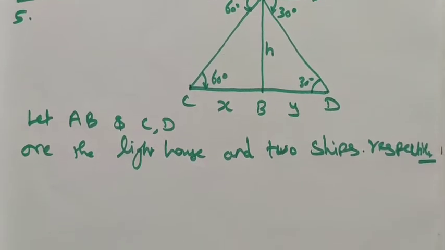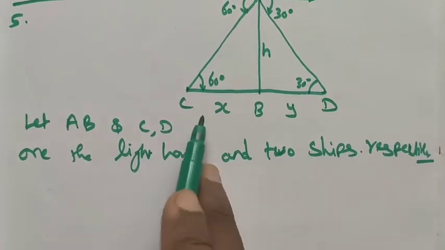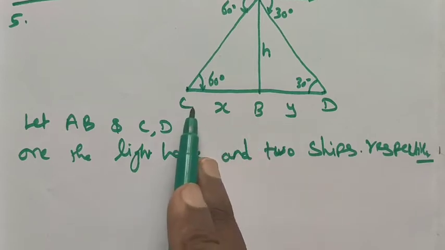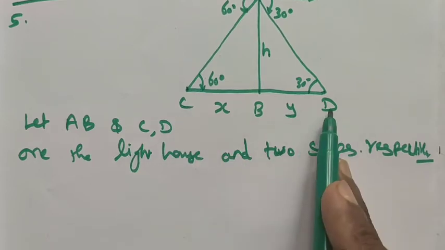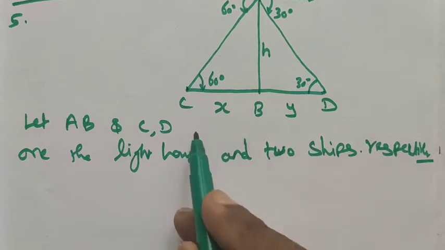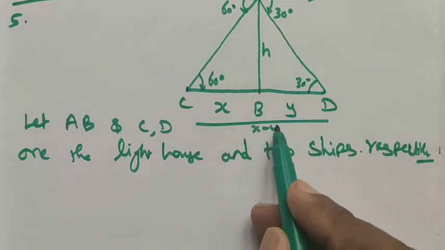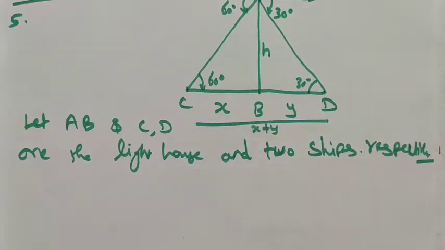Right? Now we want to find out the distance between C and D, the two ships. The distance between C and D, the total distance, is x plus y. We want to find out x plus y.